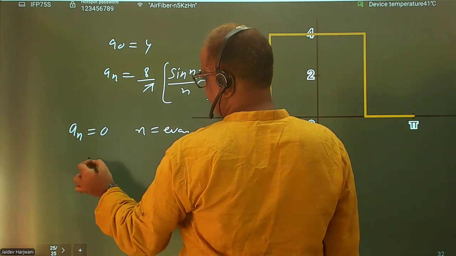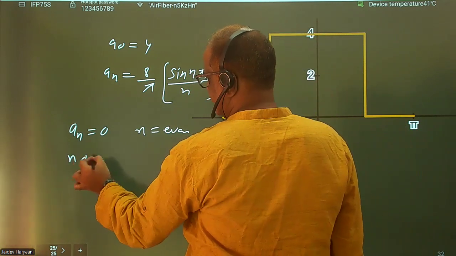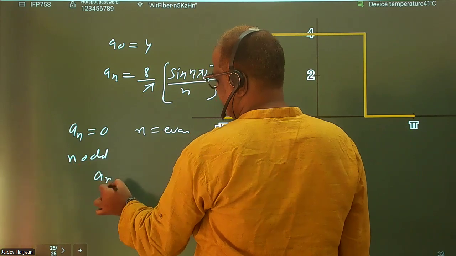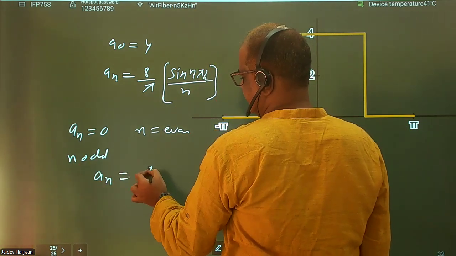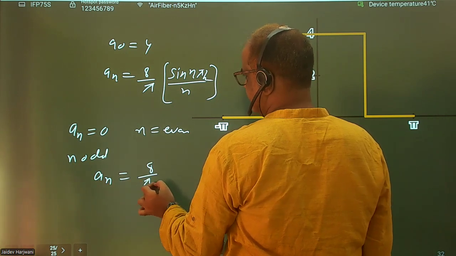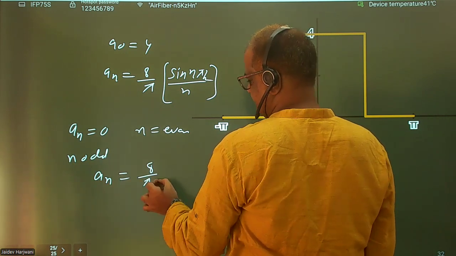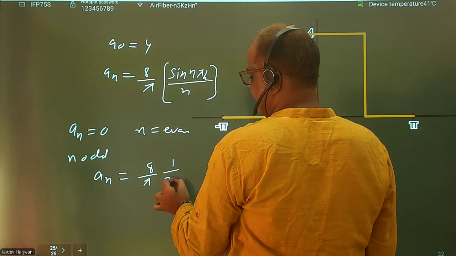And now if n is odd, then an becomes plus or minus 8 upon pi, times 1 by n.